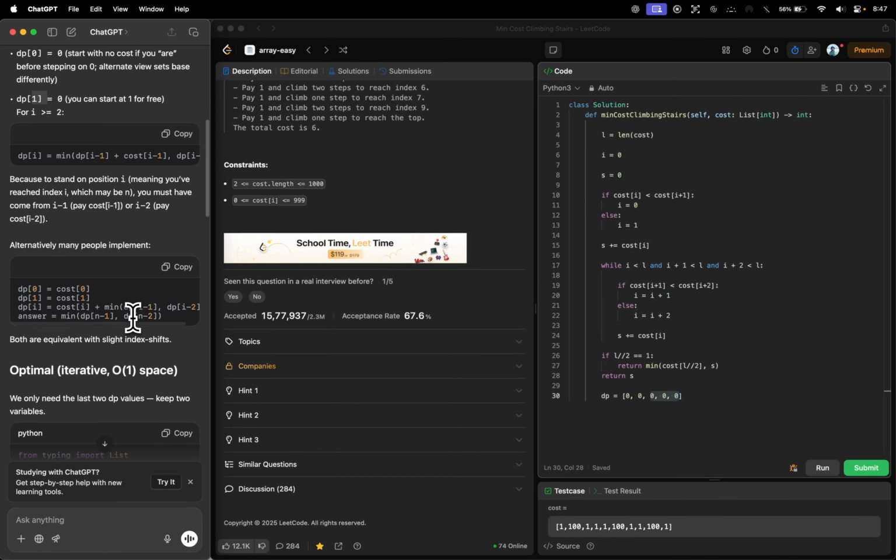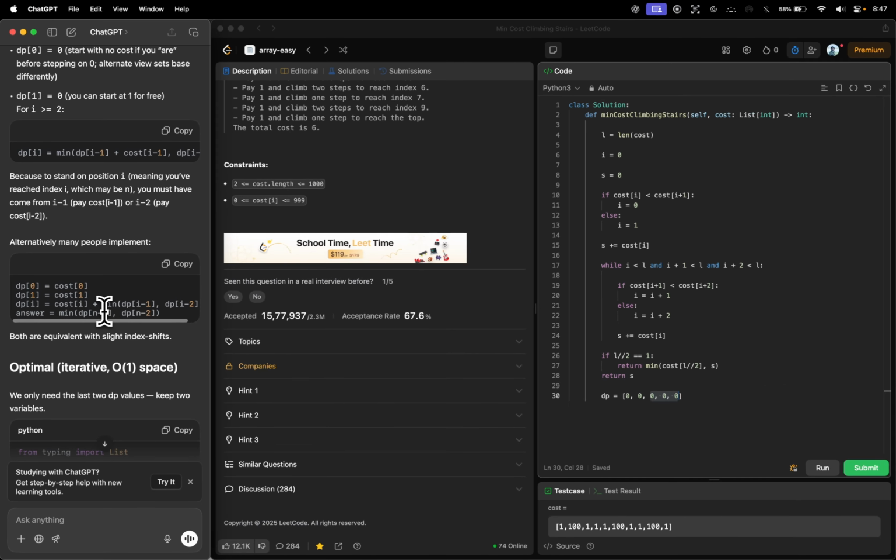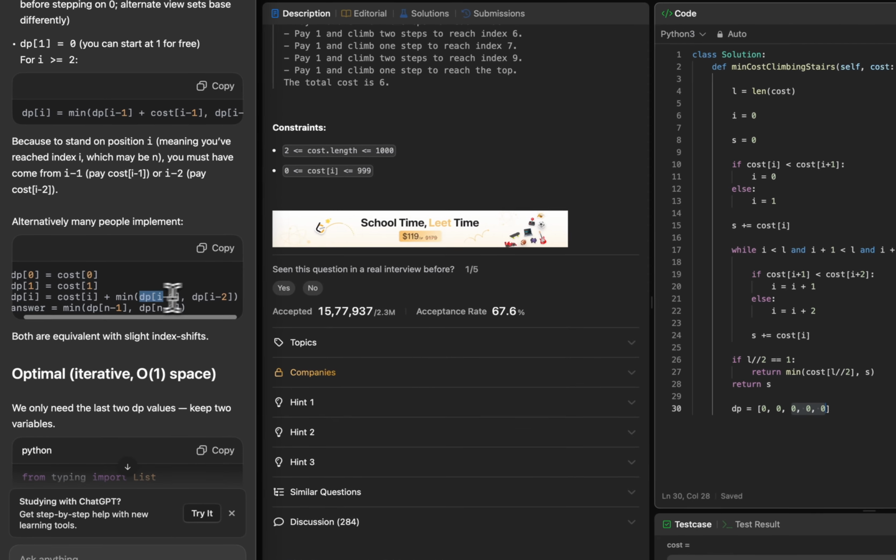Now alternatively, many people can implement this solution. That's really impressive if someone can think of this in the very first go. The current cost i plus the minimum of whatever can be reached from the previous.